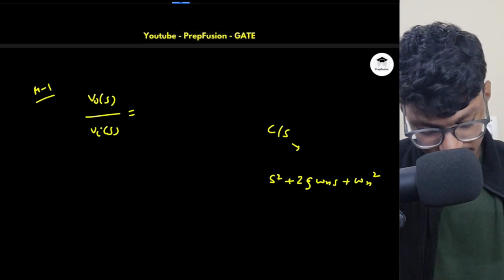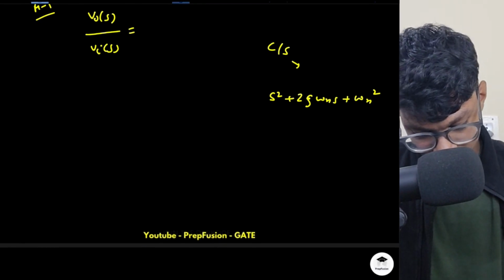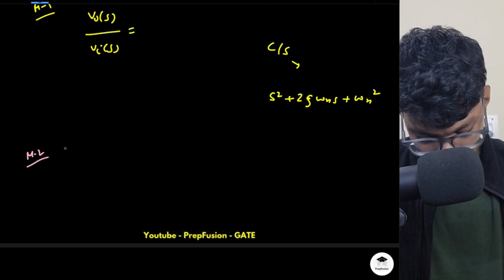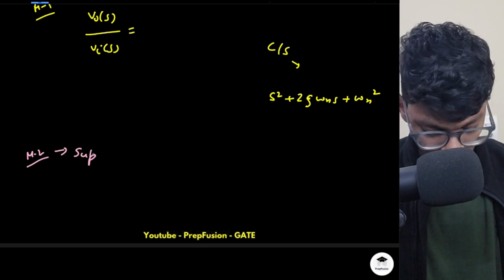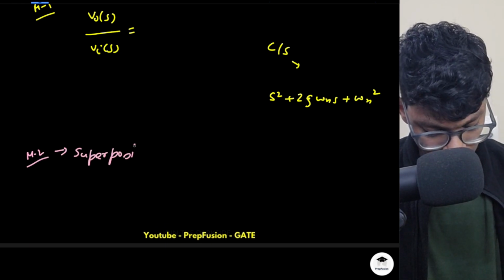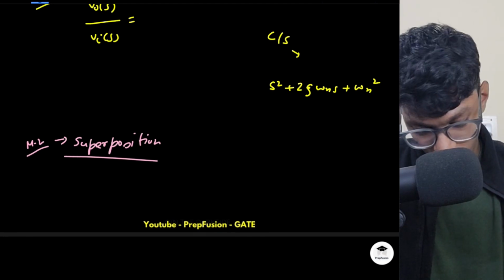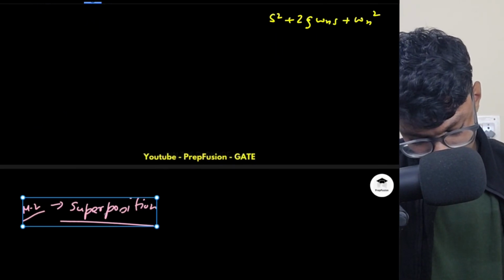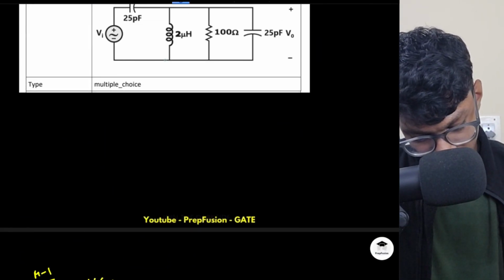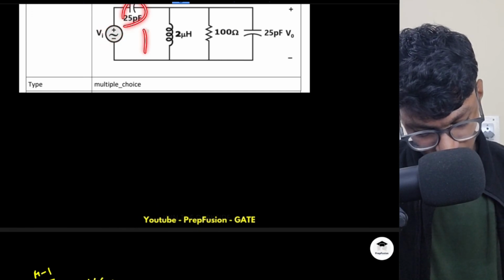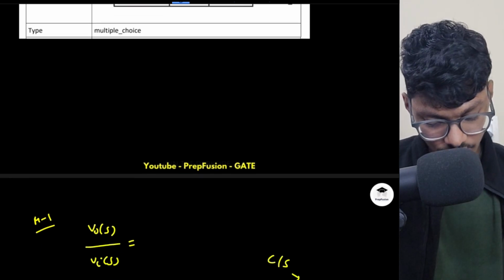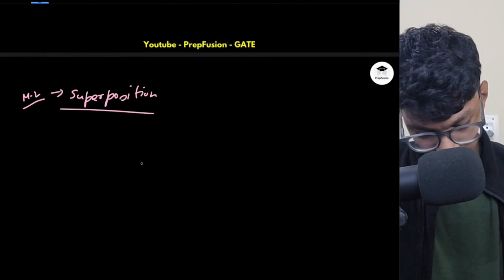What is the other way? The other way is a bit risky, that I can apply superposition, but this will not always work. So if I apply superposition here, what I can do is convert this voltage source into a current source, and this capacitor will come in parallel. So this will be some equivalent current source.